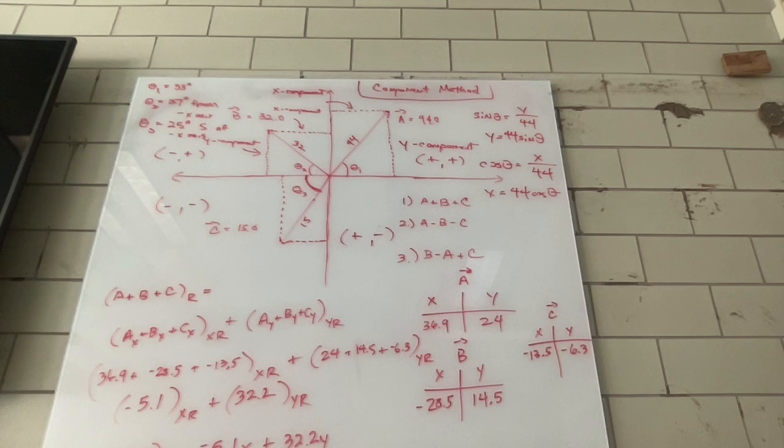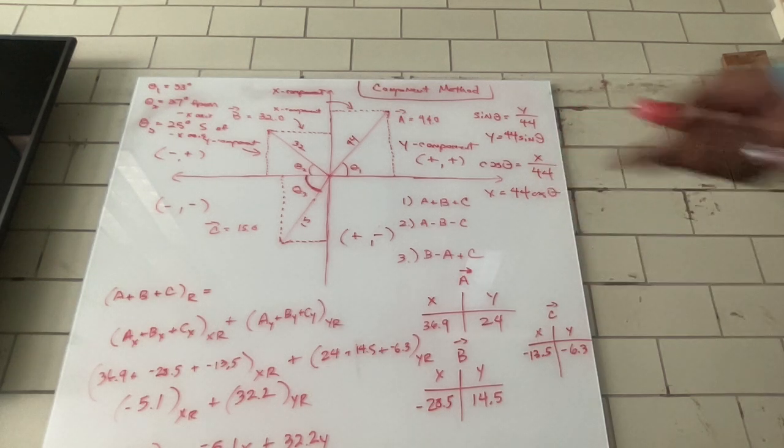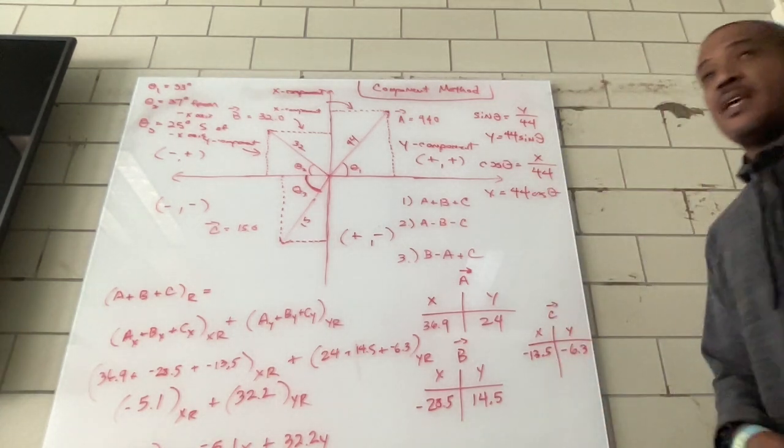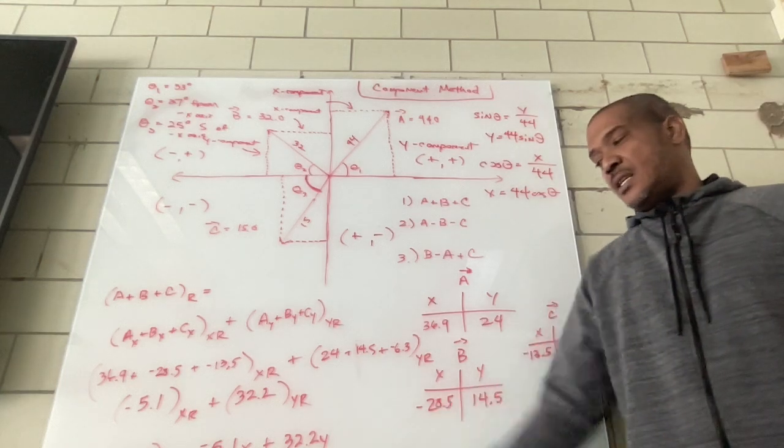An X and a Y, unless one of them is 0. And there are cases where that happens, right? So that's A plus B plus C.